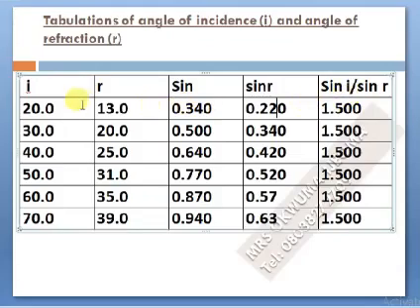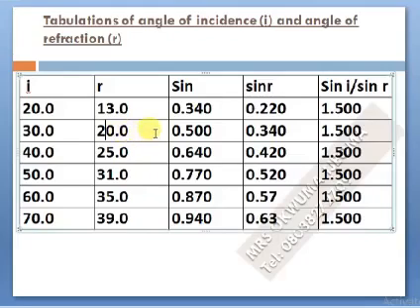Now you do for another angle of incidence to be 30. After the experiment, our angle of refraction, we got it to be how many? 20. Remember, the ray is moving from less dense medium, that is air, to more dense medium, that is glass. So the angle of refraction bends towards the normal, meaning that the angle of incidence must be greater than angle of refraction.